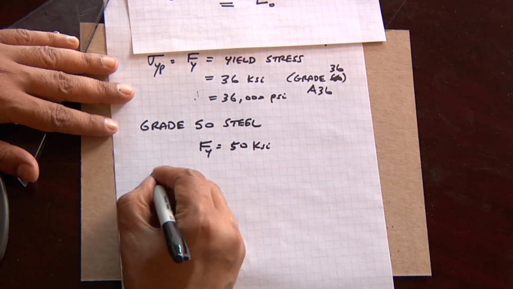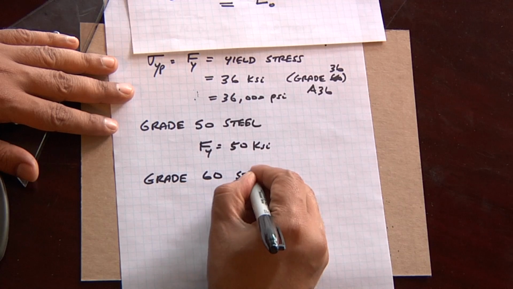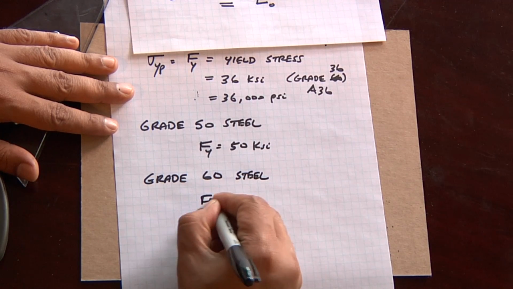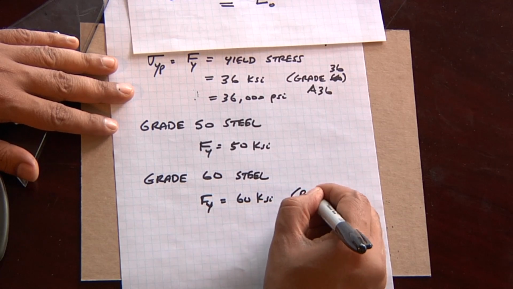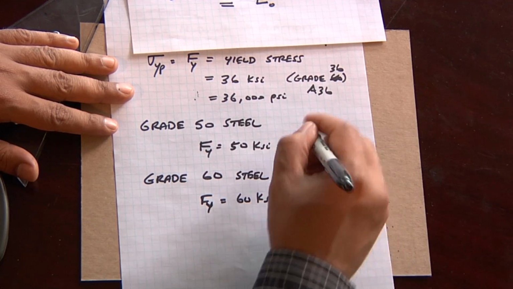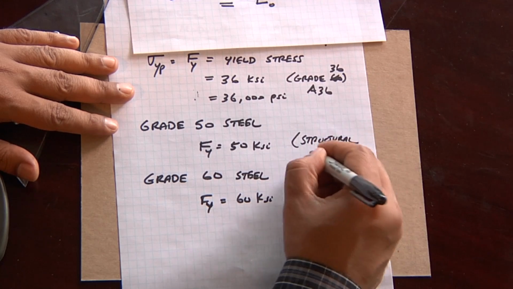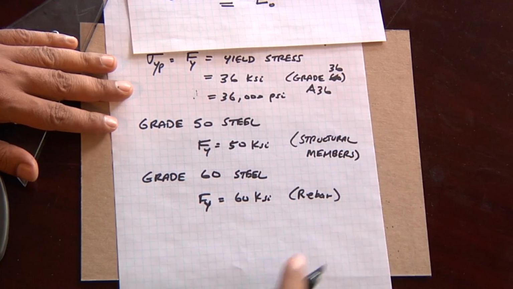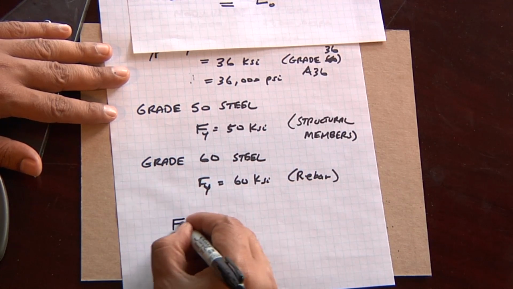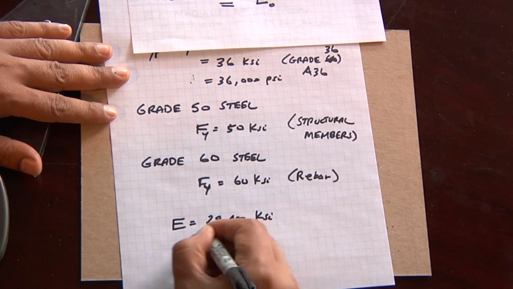And then we have grade 60 steel, in which the yield strength is 60 KSI. This is normally used for rebar. This is used for structural members. But in all cases, the E value is constant. It's always 29,000 KSI. That never changes for steel.